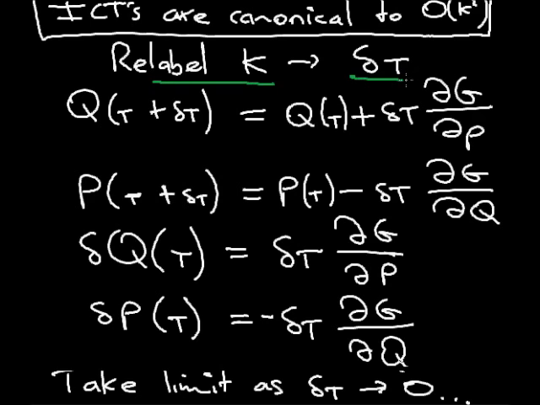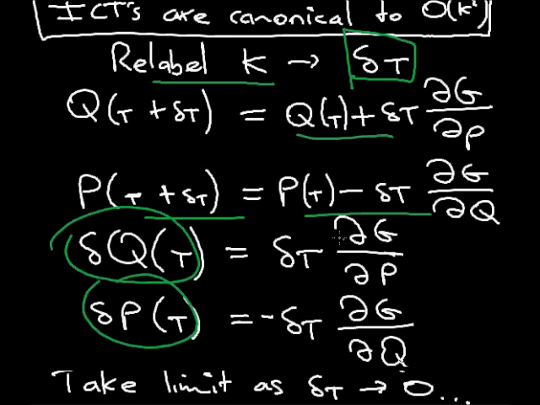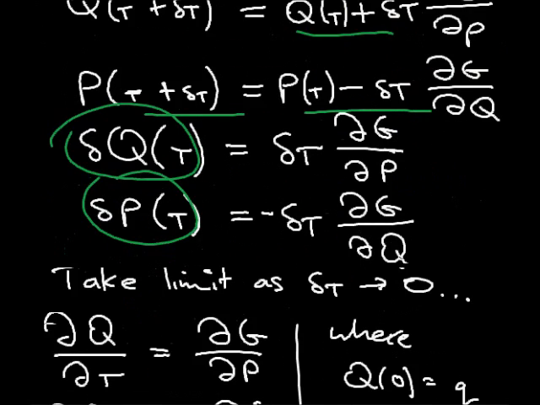And I rename this k as delta tau, and parameterize the motion of one point in space, big Q and P, as a function of tau. These equations begin with big P and Q equal to some point in phase space, little q and p, and the differential equations that describe movement are the continuous analog of these rules.